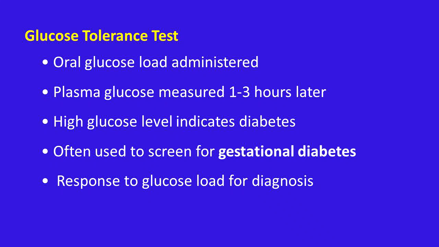A higher glucose level indicates diabetes. The oral glucose test is usually used to screen for gestational diabetes. The reason we use this is to look at your body's response to glucose load, and use this to make a diagnosis of diabetes.